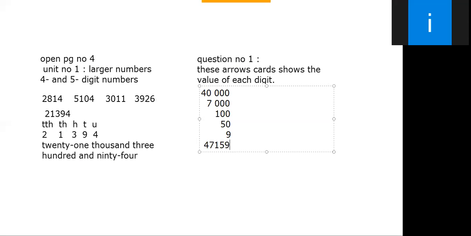You can see 4 comes under the 4, and 7 comes under the 7, 1 comes under the 1, and 5 comes under the 5, and you can see the 9 comes under the unit.